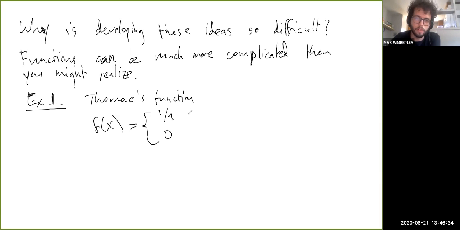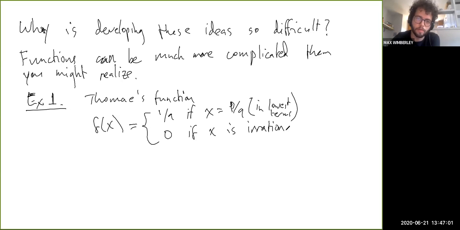The 1 over q is when x is rational, written in lowest terms, obviously. Sorry for my handwriting here, still getting used to this. And 0 if x is irrational.